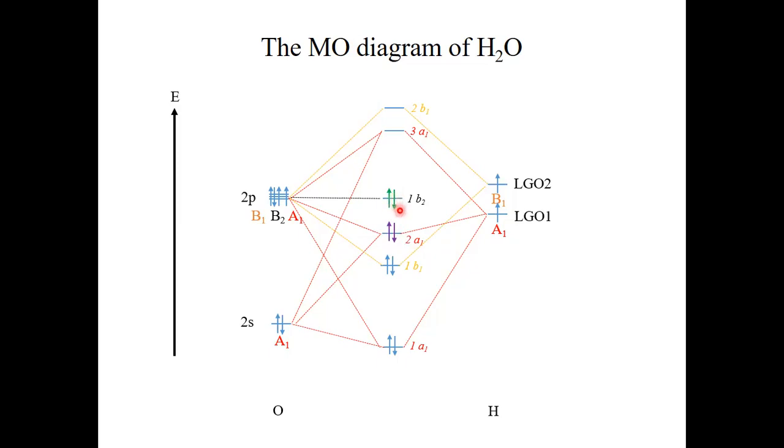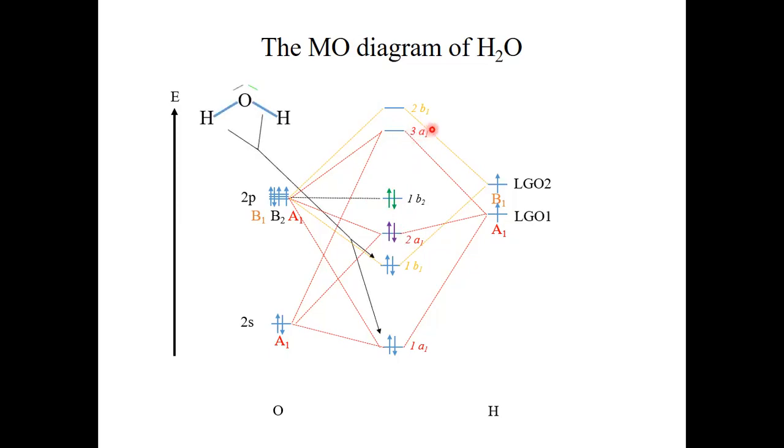So that makes this orbital here our highest occupied molecular orbital. The 3a1 here would be our lowest unoccupied molecular orbital. So now we can compare the result that we obtained from molecular orbital theory with what simple valence bond theory would tell us about the bonding in the same molecule.